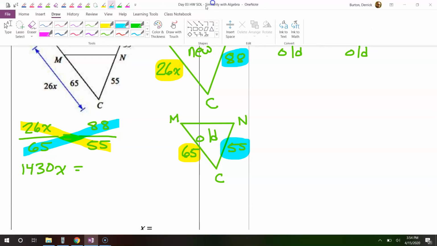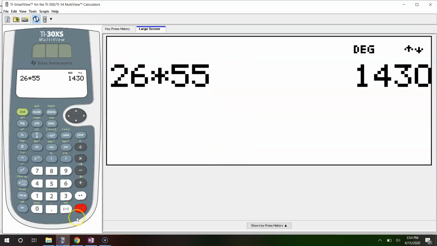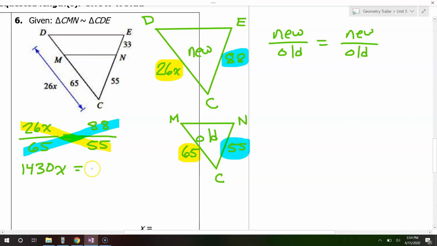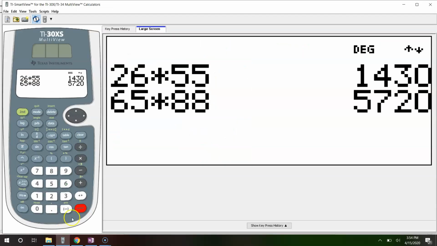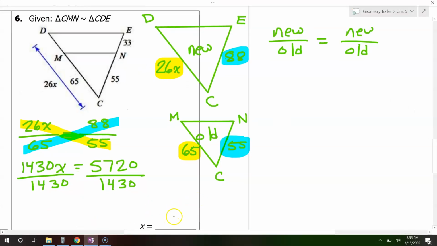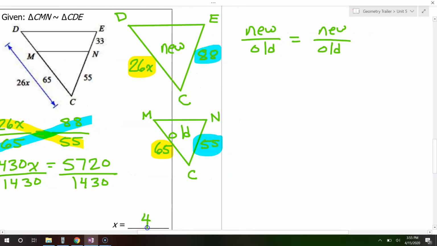So 65 times 88. 5,720. So of course, for the last step, we will divide both sides by 1,430. Divided by 1,430. X is equal to 4.